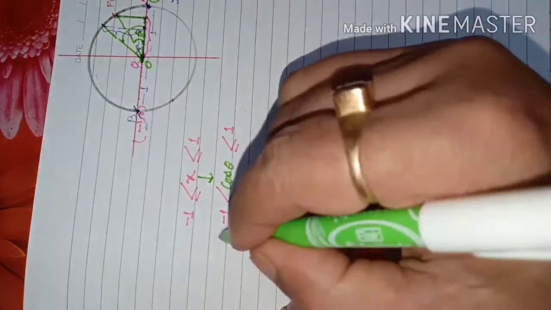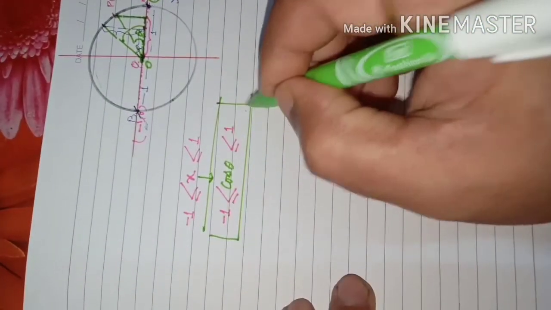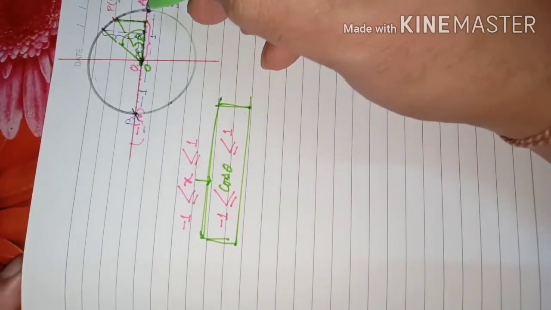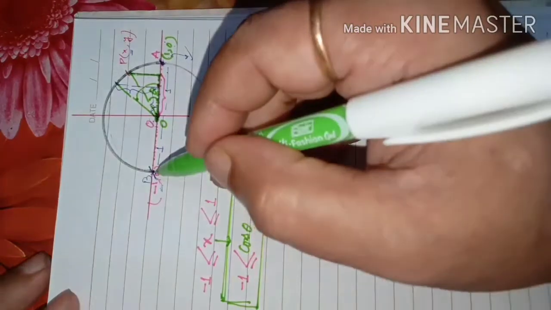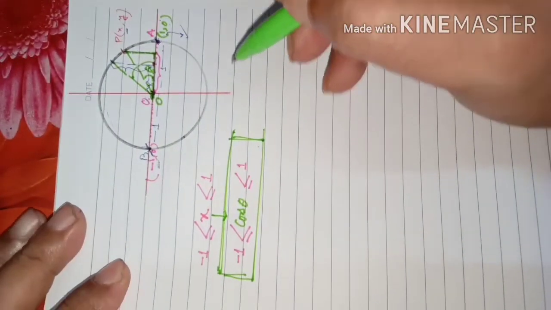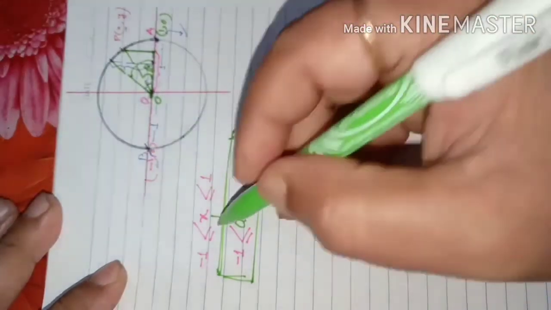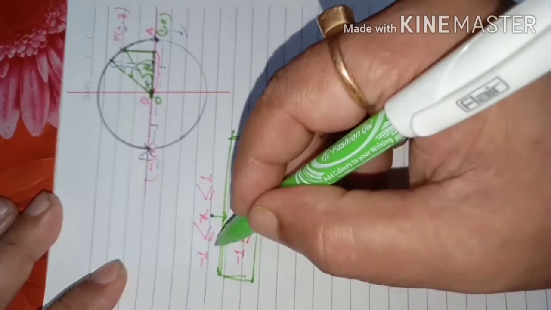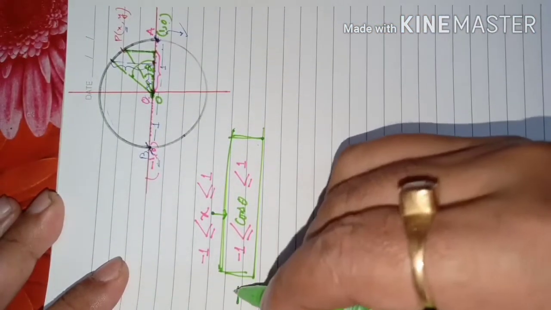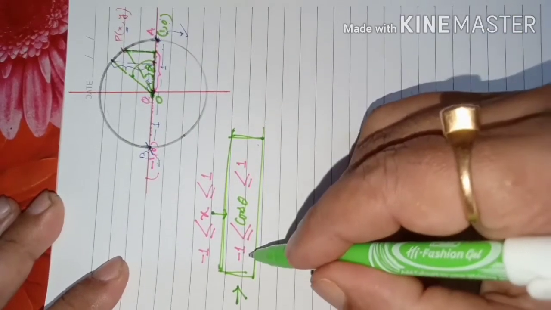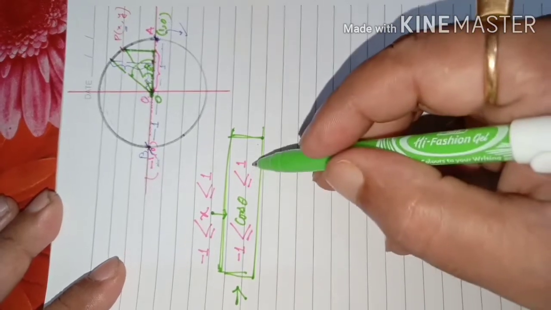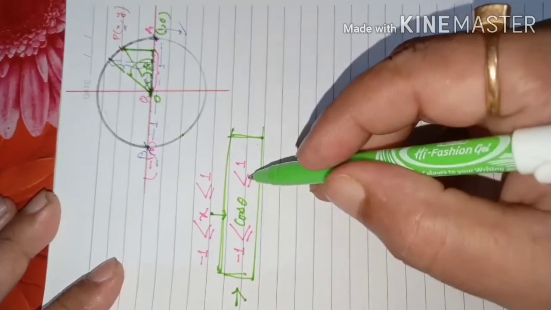This is a very important conclusion. Cos theta values will lie between minus 1 and plus 1. It cannot exceed plus 1 and it cannot go below minus 1. The smallest value of cos theta is minus 1, meaning the smallest value of x is minus 1 and the greatest value of x is plus 1. So the smallest value of cos theta is minus 1 and the greatest value is plus 1.